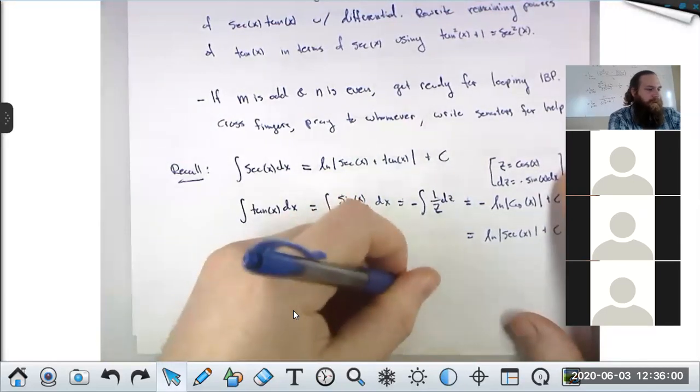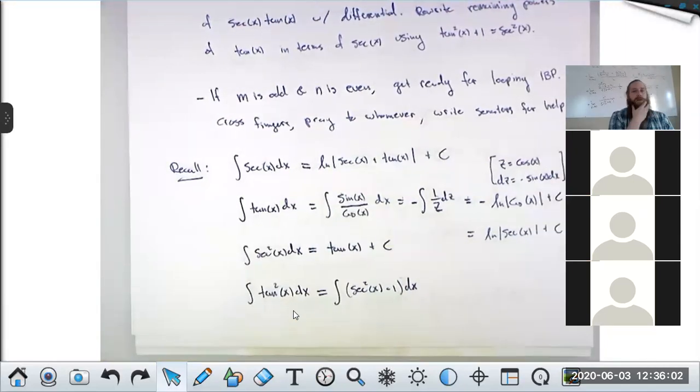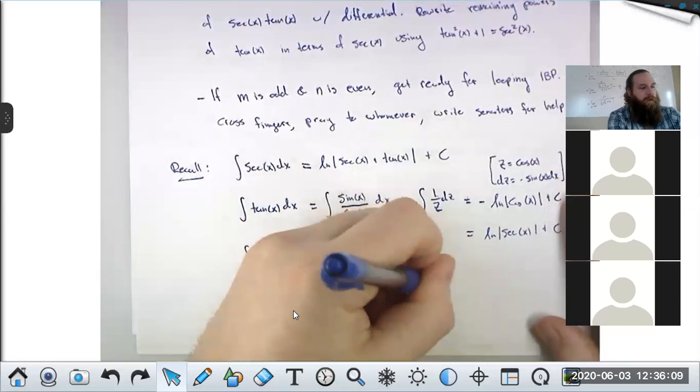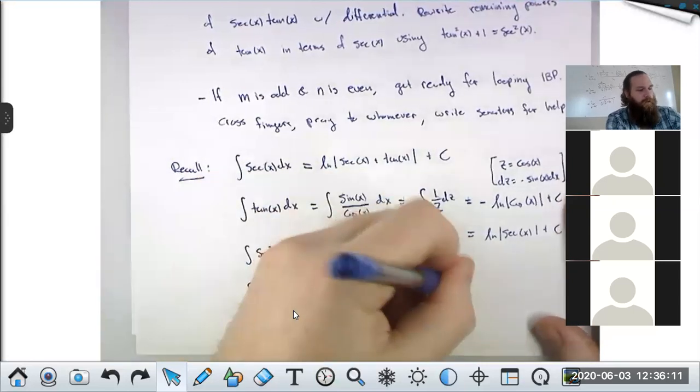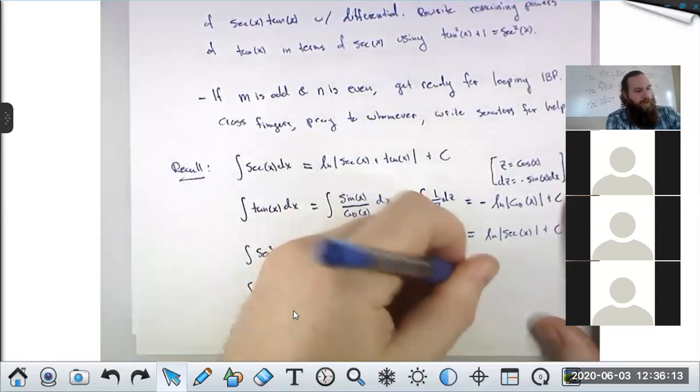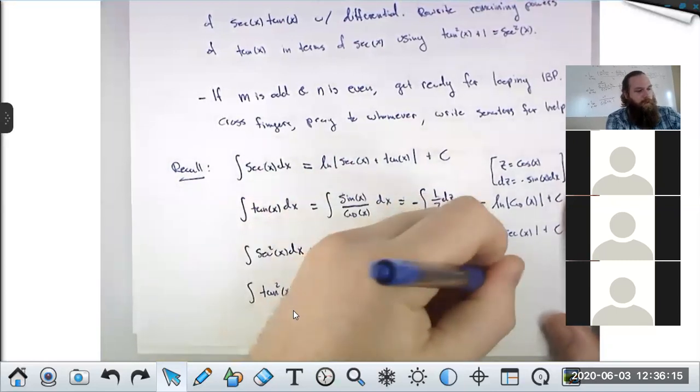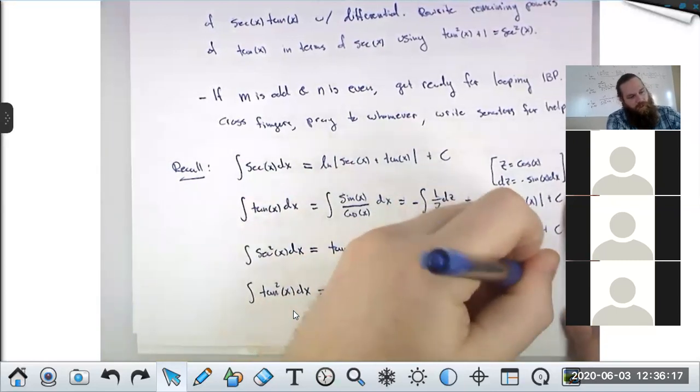That's an identity. And then the integral of secant squared, I know. The integral of 1, I know. The integral of secant squared is tangent, and then minus the integral of 1 is just x.